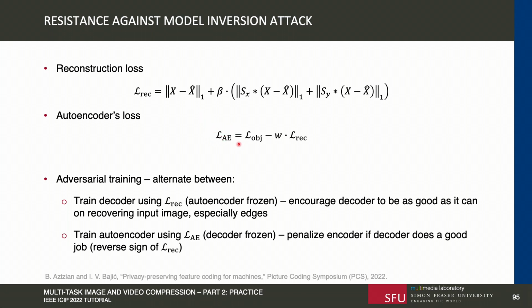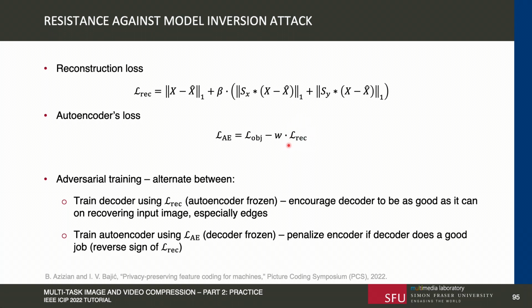There is another loss, which is the autoencoder's loss, that's composed of the object detection loss and then the negative of the reconstruction loss. So the autoencoder is trying to preserve object detection accuracy while minimizing the ability to reconstruct.